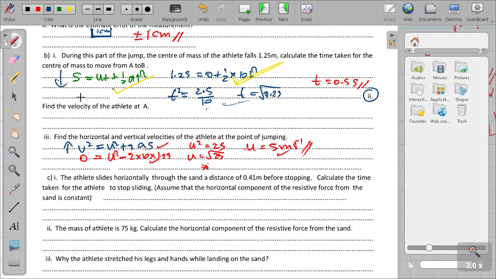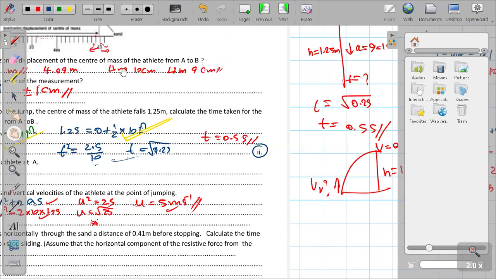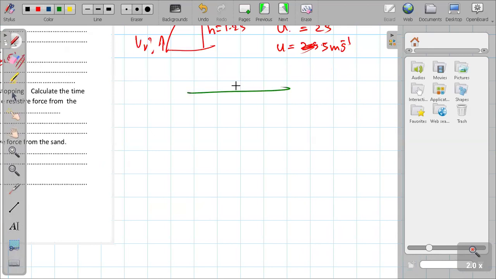Part 2 is here. Velocity of the athlete at A. So considering only horizontal displacement, V horizontal times T is equal to displacement. Displacement is 4.1, V horizontal equals 4.1 over the time, what is the time I get? 0.5 seconds.